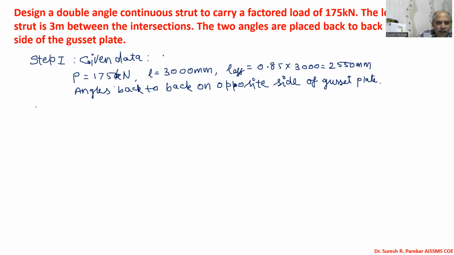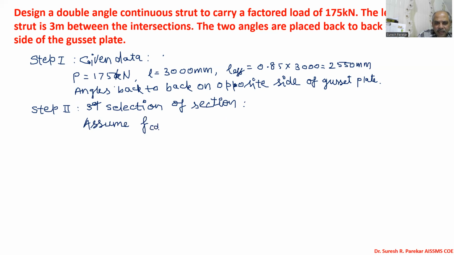Now step 2, selection of section. Assume FCD equal to 100 Newton per mm square.